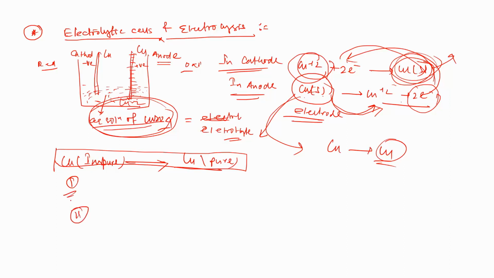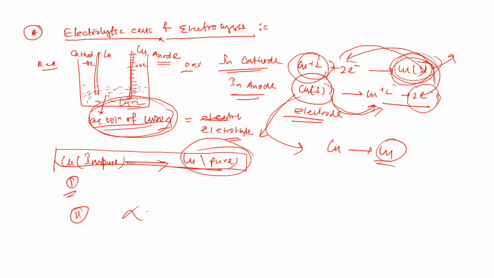Second law: the amount of different substances liberated by the same quantity of electricity passing through the electrolytic solution is proportional to their chemical equivalent weight. Here you can see that we are getting impure copper to pure copper. So how much pure copper will we get?